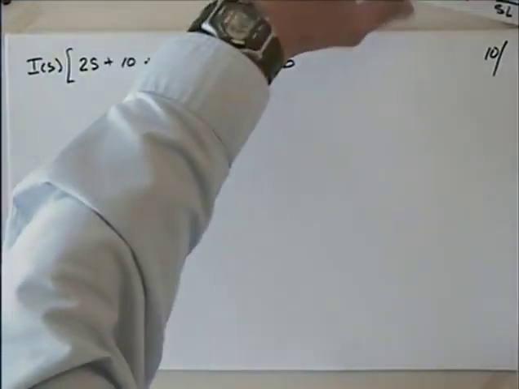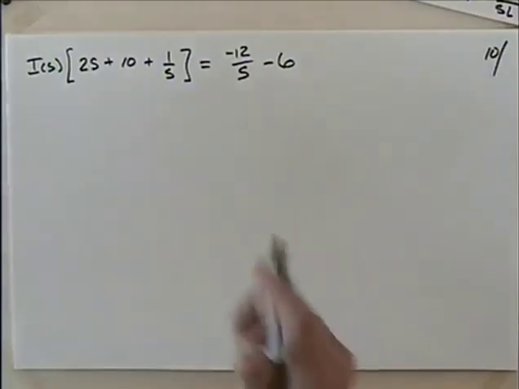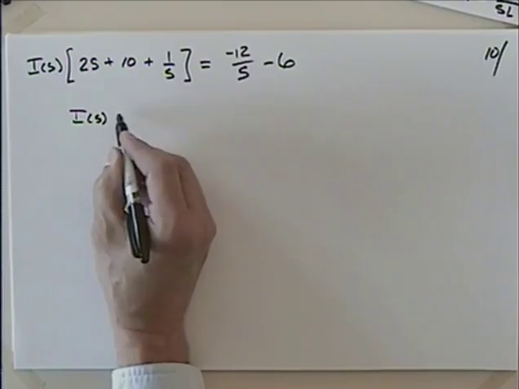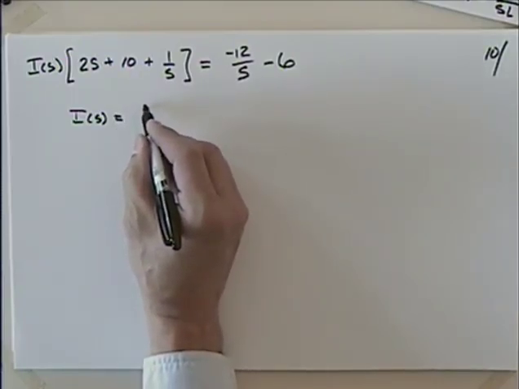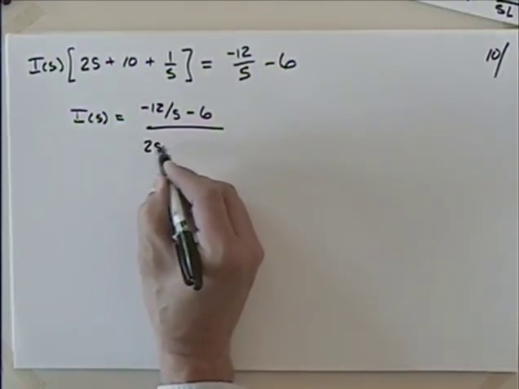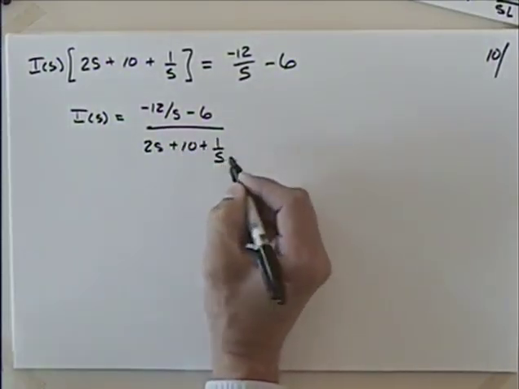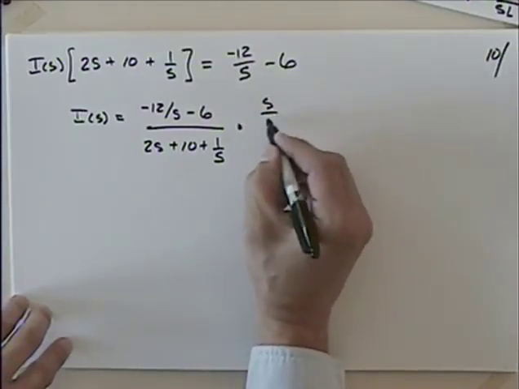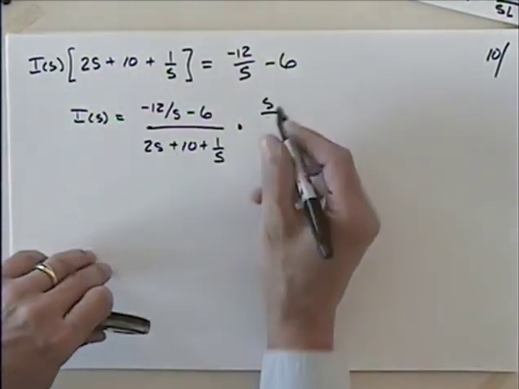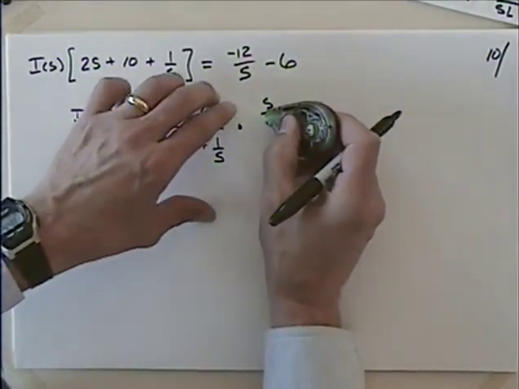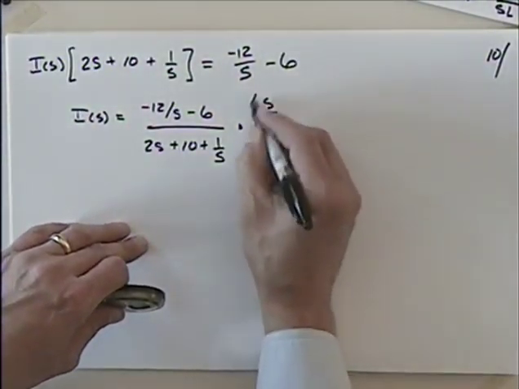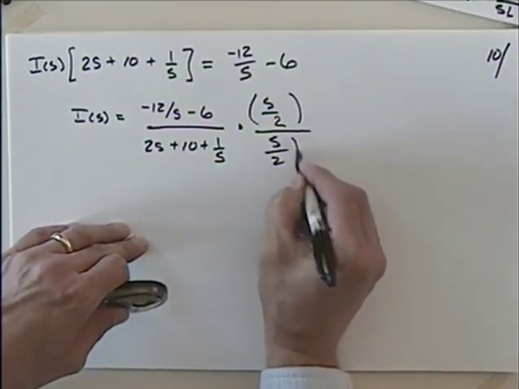Okay, so for completeness sake, we'll finish this up as I of s is equal to minus 12 over s minus 6 divided by 2s plus 10 plus 1 over s. And again, we're going to multiply by s over 2. S over 2 and s over 2.